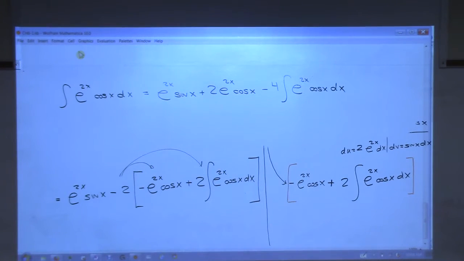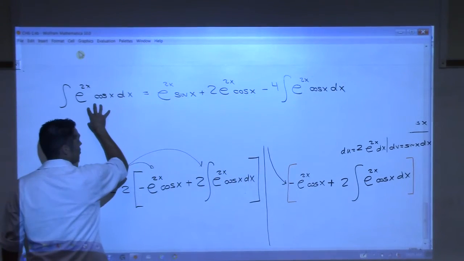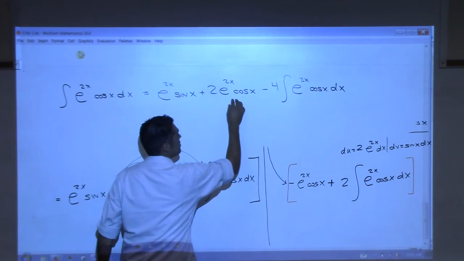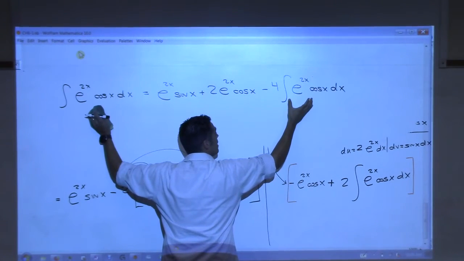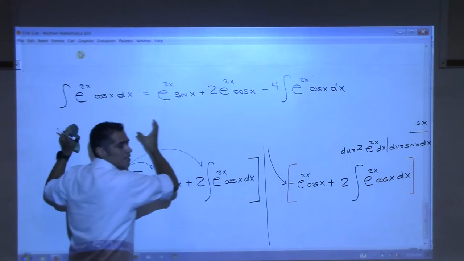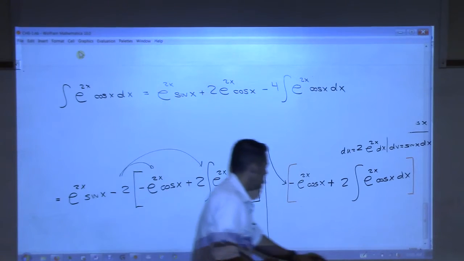Who sees it? Yeah, so look, we're saying this integral that we're trying to figure out is this plus this minus 4 of these, right? So algebraically, can't I just move this to the other side of the equation by adding 4 integrals to both sides?